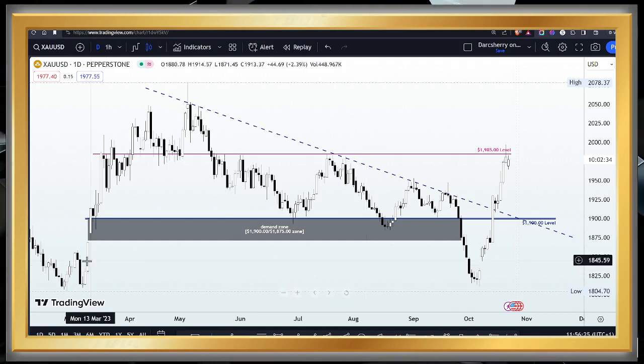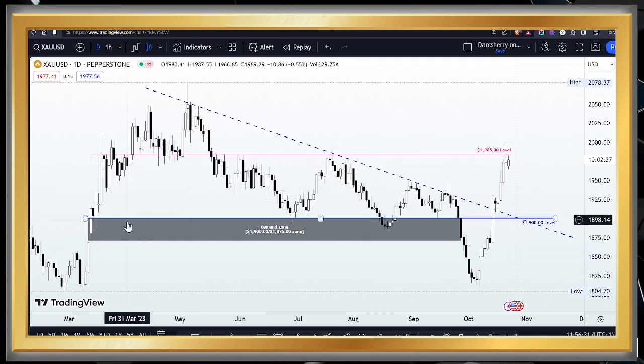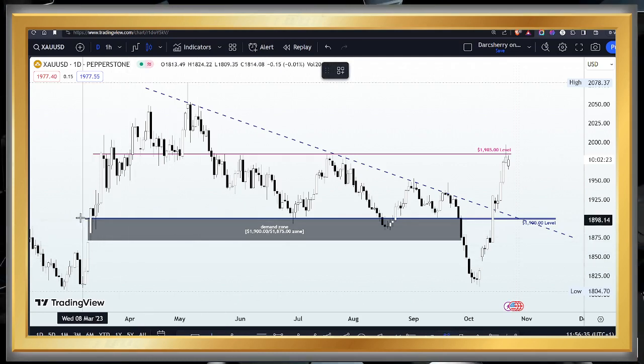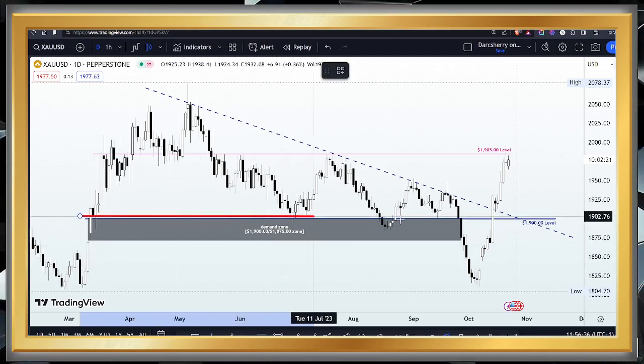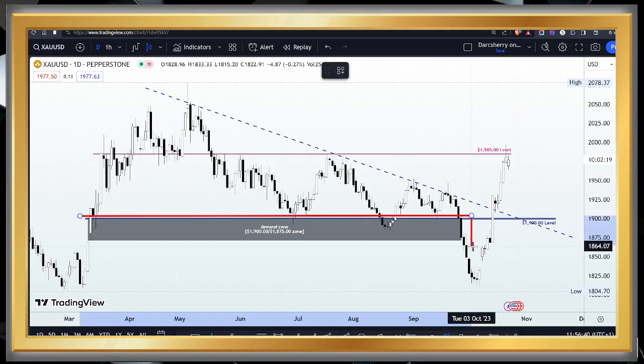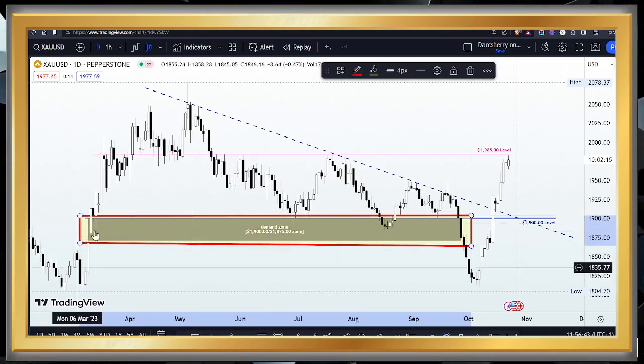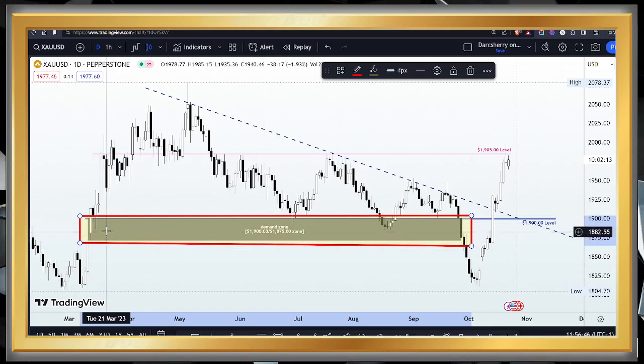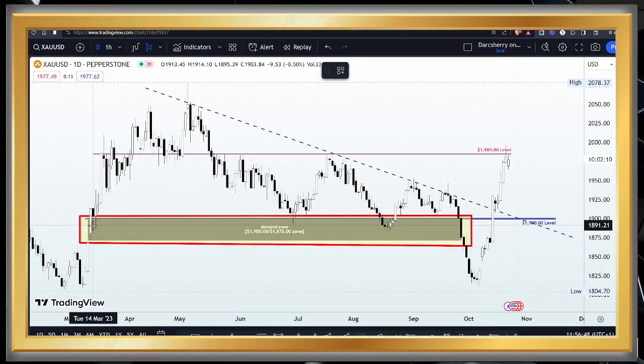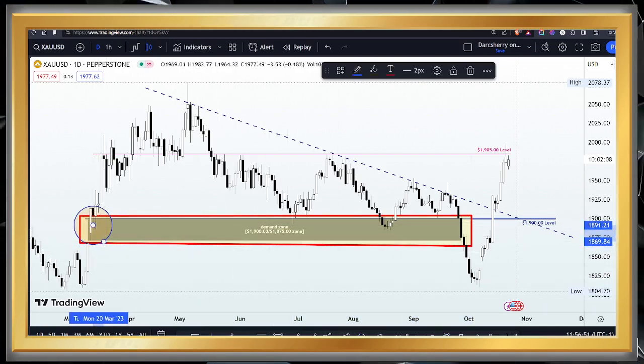Now, if you look at the structure at first glance, there is a peculiarity about this zone since the month of March. So we have the 1900 with a very formidable support zone which has been consistent in the last 7 months, and look at how this area has been a strong buying niche in this market. In the month of March we saw buy pressure here.